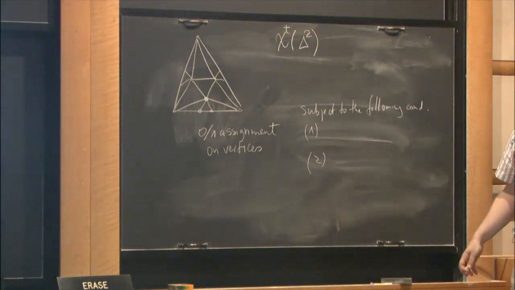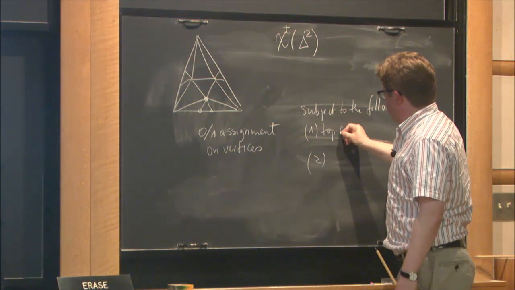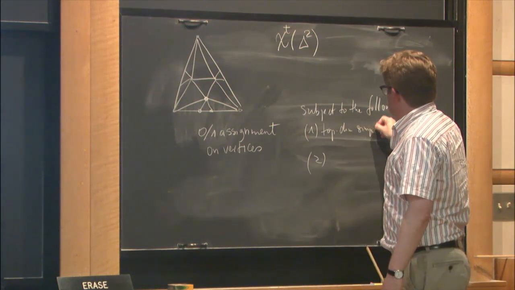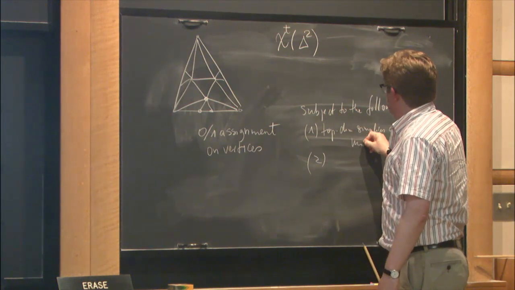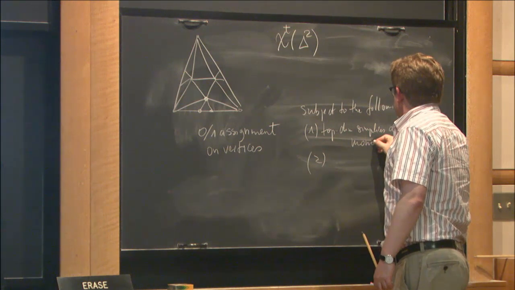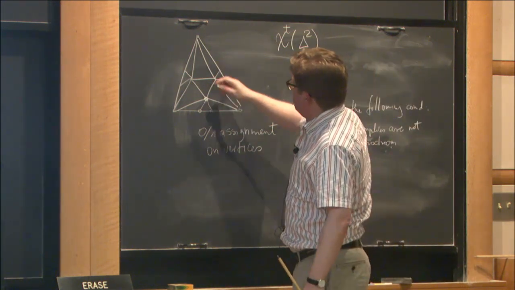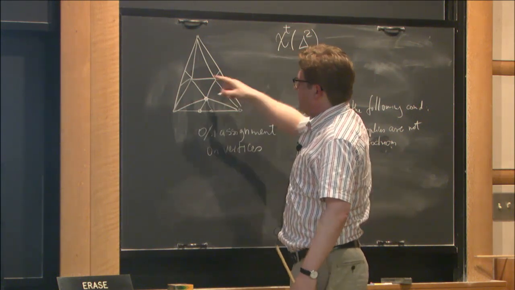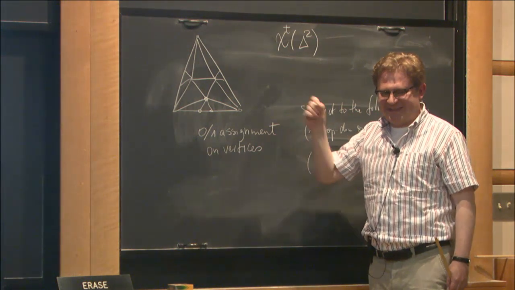The first condition is that the top dimensional simplices are not monochromatic, which means, in this particular case, if I pick any triangle, I would much prefer to take the second one, but it will be too cluttered if I iterate it here.